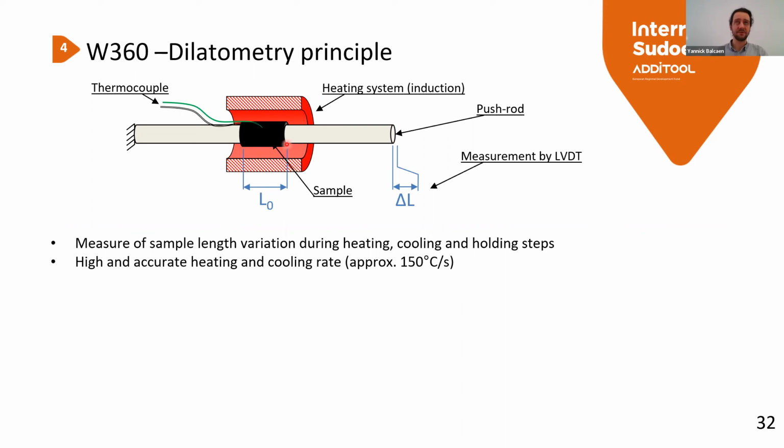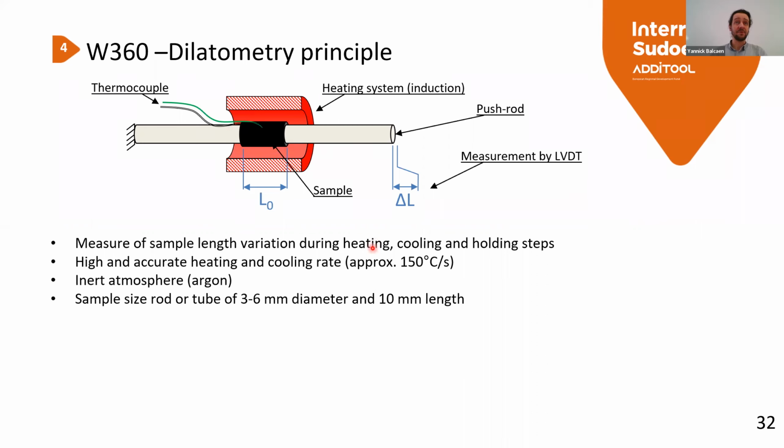with a different apparatus that is not shown in the scale. So we work in an inert atmosphere, and thanks to a push rod, we can measure the behavior of this material. The sample size is 10 millimeters long and 3 to 6 millimeters in diameter.